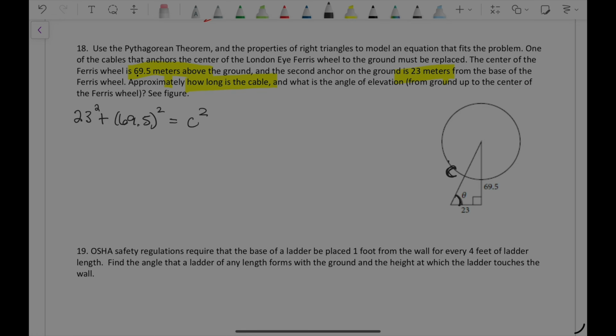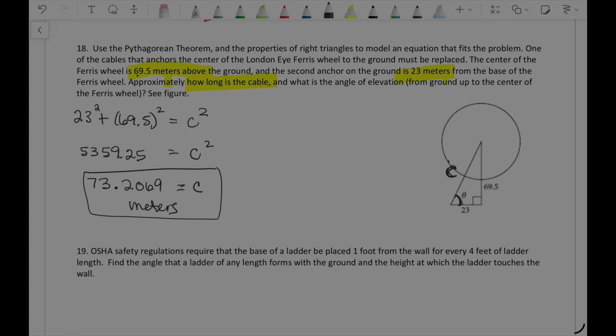So grab your calculator, do some math. Which means the hypotenuse, or in other words, the cable, is 73.2069, and this would be meters.